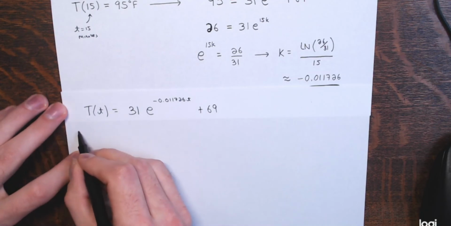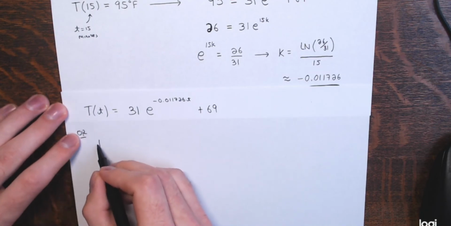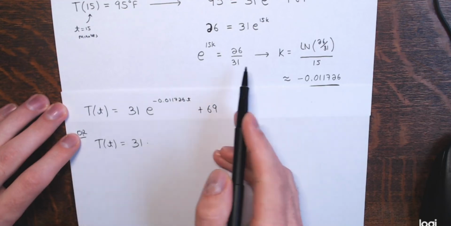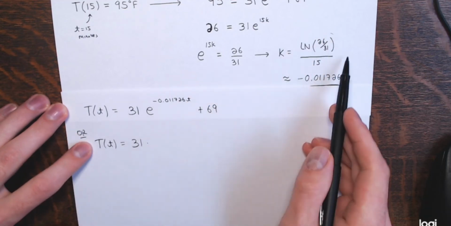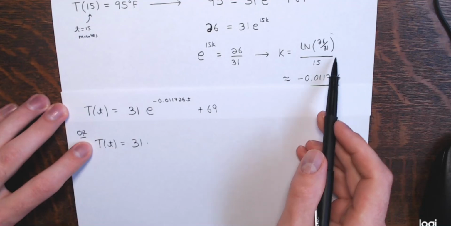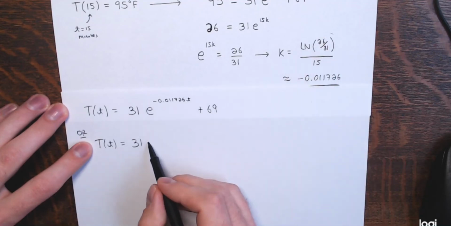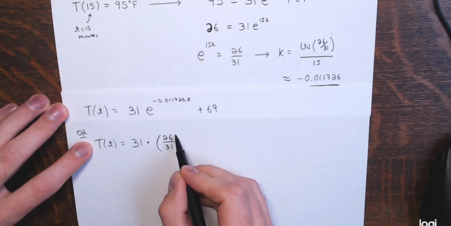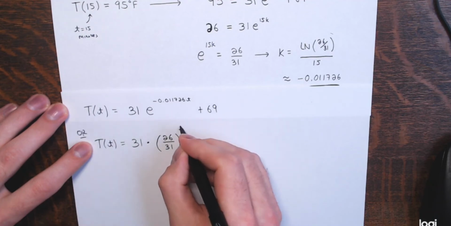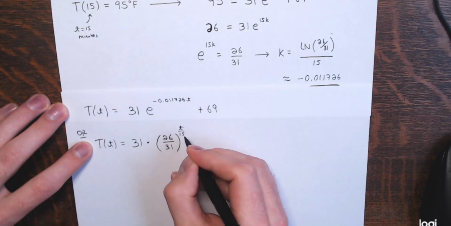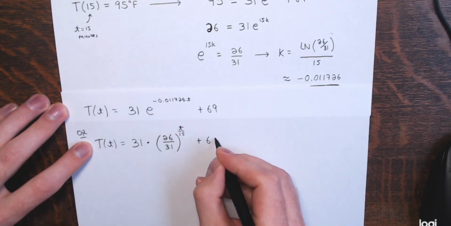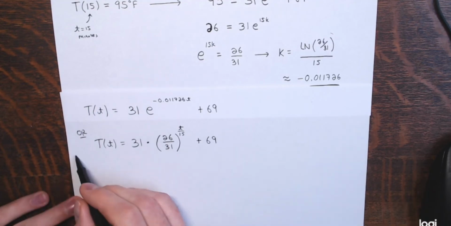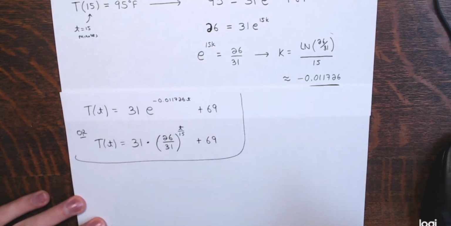Or T of t equals 31 times, now if I put this natural log one in for k, you would put t over 15 as the power and then undo the log. So this would be 26/31 raised to the t over 15 power, and then again plus 69. Alright, so there's the models I'm using. I'll use the second one, you can use the first one, they're pretty much the same thing.